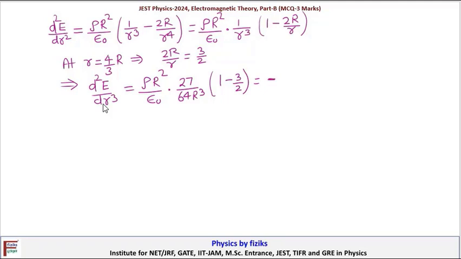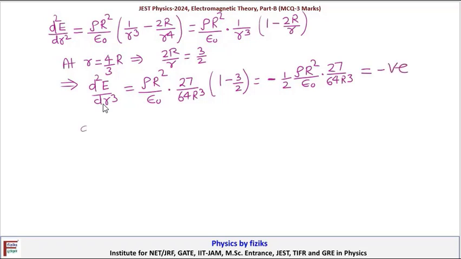So this becomes minus 1 by 2 rho R square by epsilon naught times 27 by 64 R cube. So overall this value is negative.